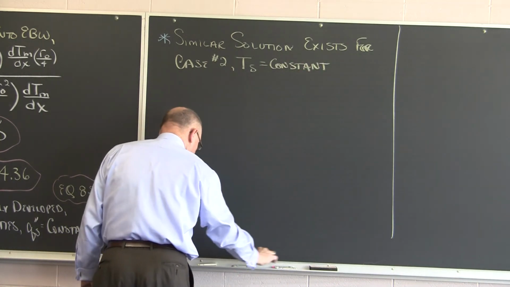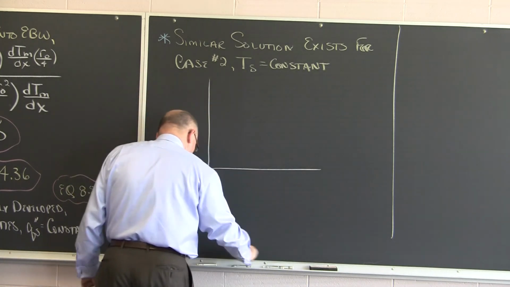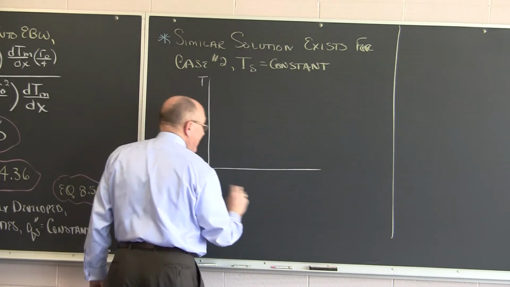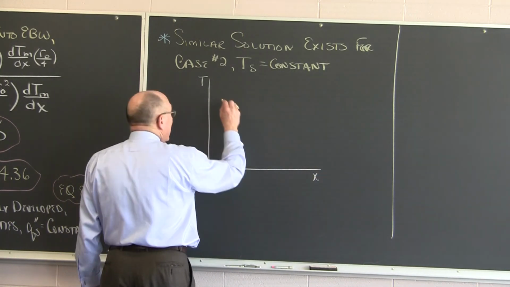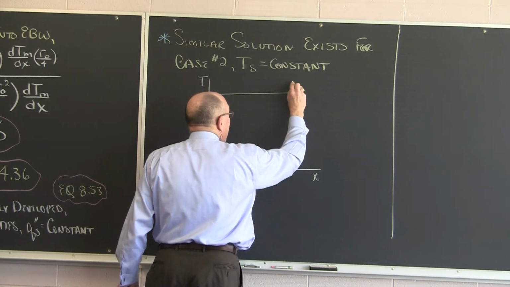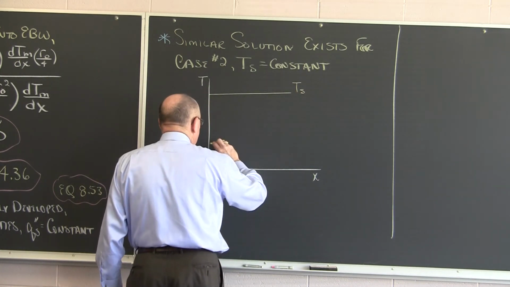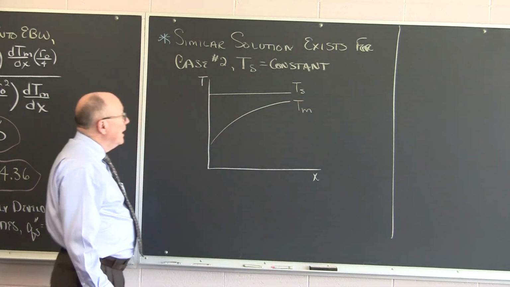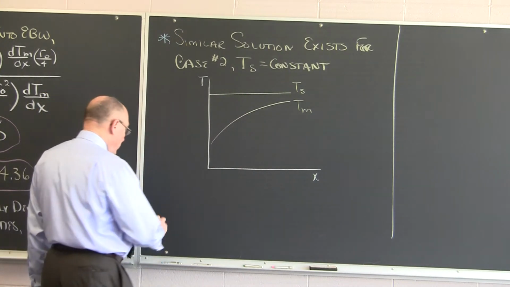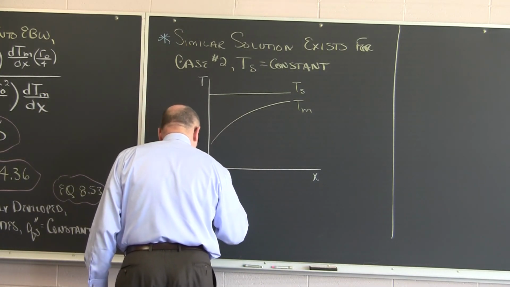And of course, if you recall from last time's lecture, that's going to look something like this, and Tm looks like this. And that solution yields a value of a Nusselt number equal to 3.66.